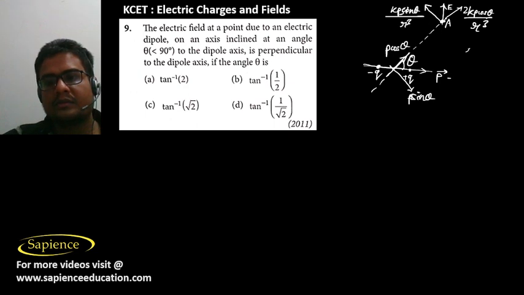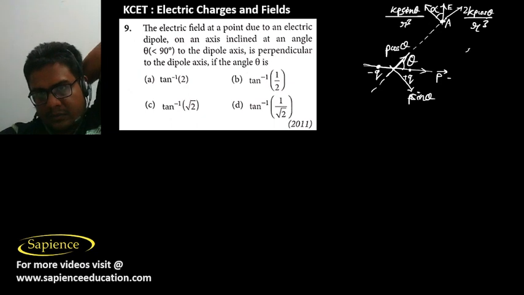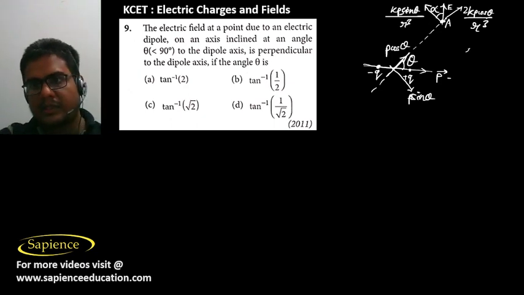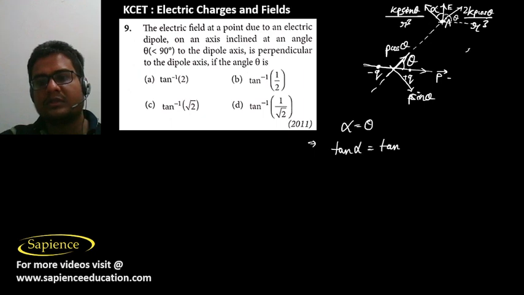Suppose this is angle alpha, then this is angle theta, and this will be angle theta also. And if this is a right angle, this is 90 minus theta, so it should be theta again. So alpha should be equal to theta. That means tan alpha is tan theta.